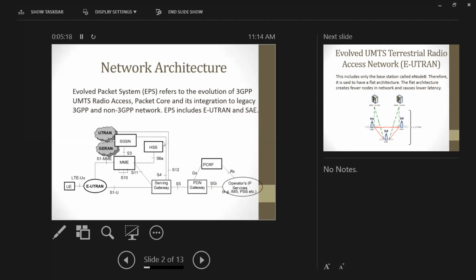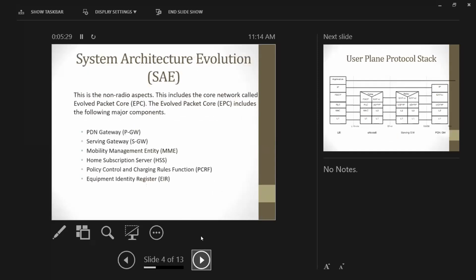Now there is a database in the core network, and it is called HSS. You see the terms Mobility Management Entity, Serving Gateway SGW, PDN Gateway PGW. These things I have already explained. Now HSS is a database which stores all the user data profiles. When you first buy your SIM, your information is stored.